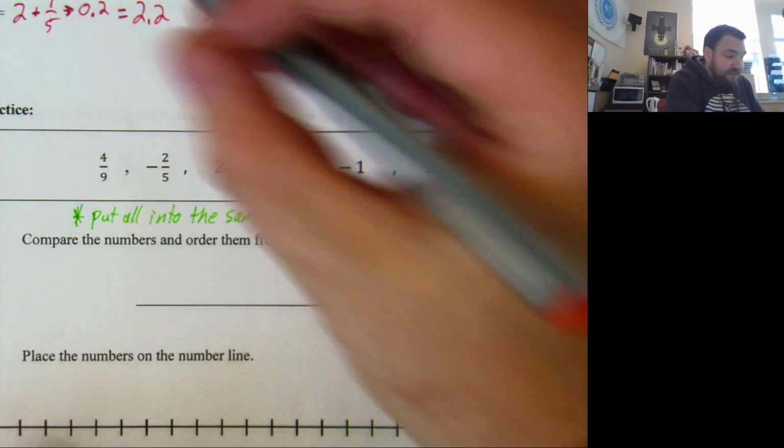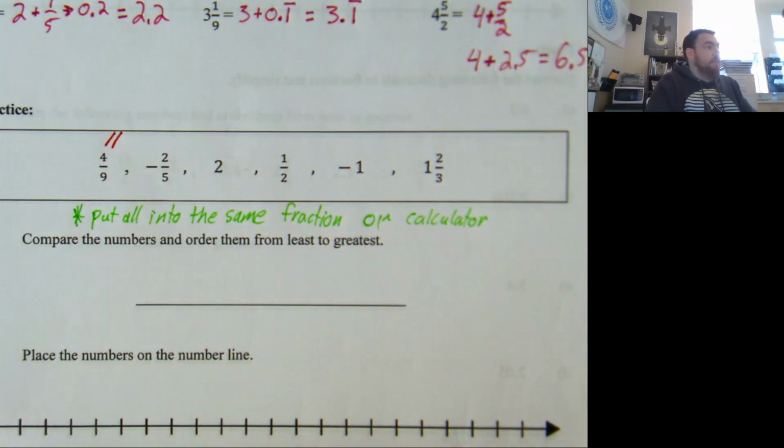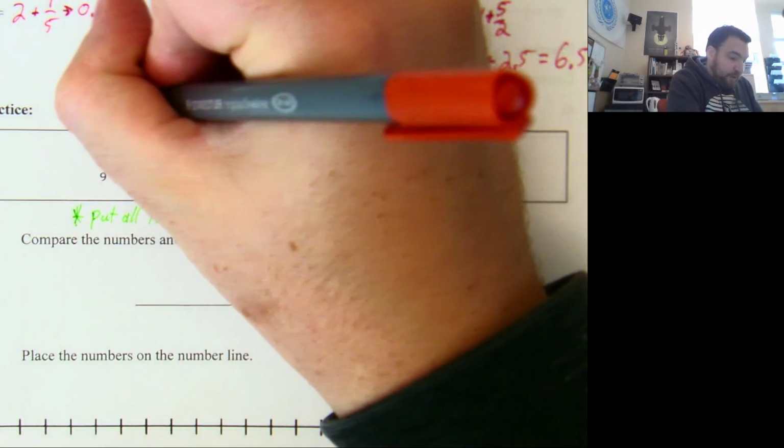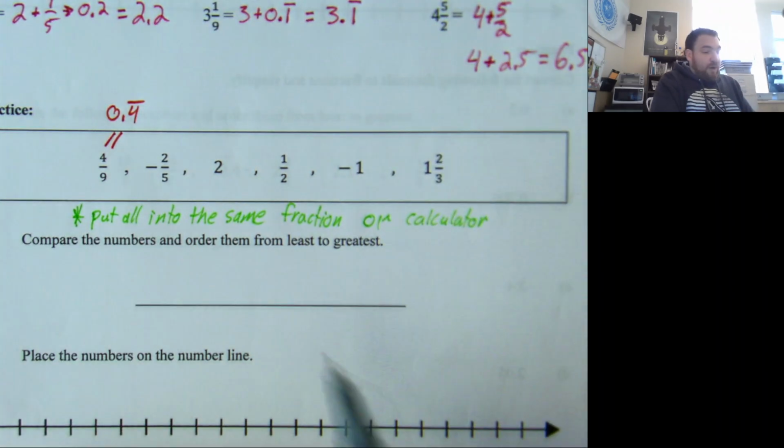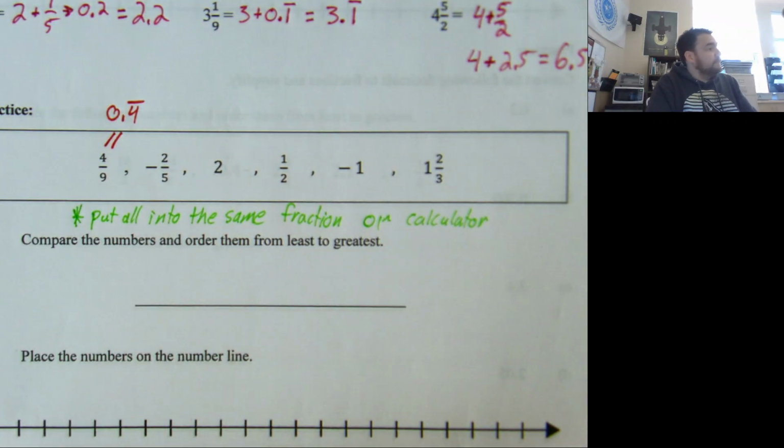So what is 4 over 9 as a decimal? Crank it out in your calculator. Tell me when you've got it. 0.4 repeating. Or you can use the tricks I've taught you. What is negative 2/5 as a decimal? Division. Push the division button. What'd you get, Hassan?